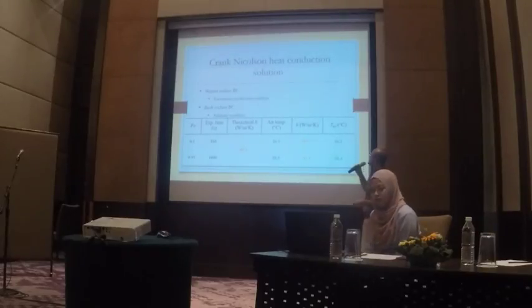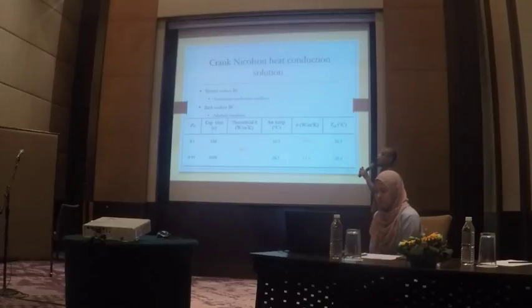If we use the Crank-Nicolson heat conduction solution, in which the boundary conditions are the same as the semi-infinite solution, for Fourier number 0.1 the result is quite similar to the semi-infinite solution, and the adiabatic wall temperature is almost the same as the air temperature. But if we extend it to Fourier number 0.95, the result will be off, only for the heat transfer coefficient. The adiabatic wall temperature will be the same.